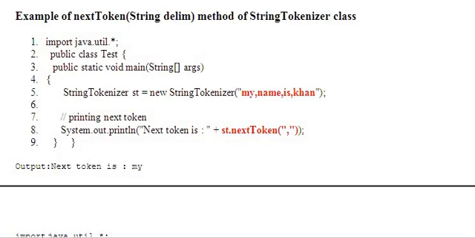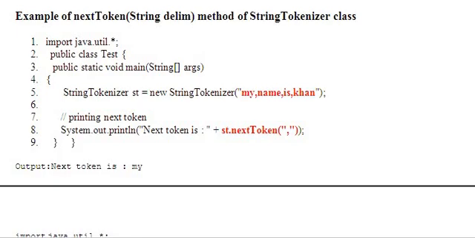Look at another example. I didn't use any loop here. It's a simple program. Look at line number 5. What is the string? The delimiter used in the string is comma. And line number 8, st.nextToken, and within double quotations comma.